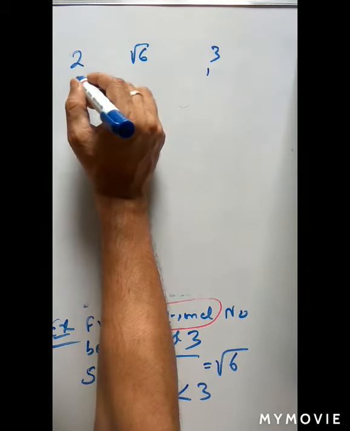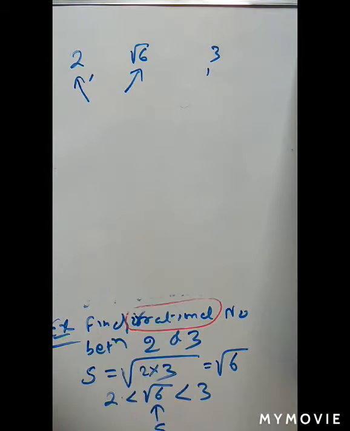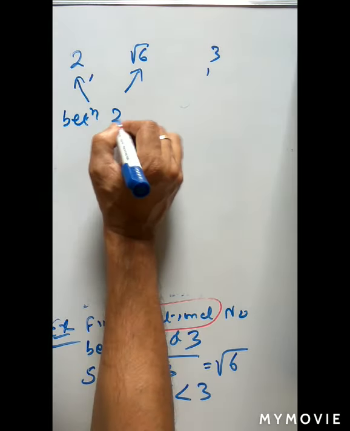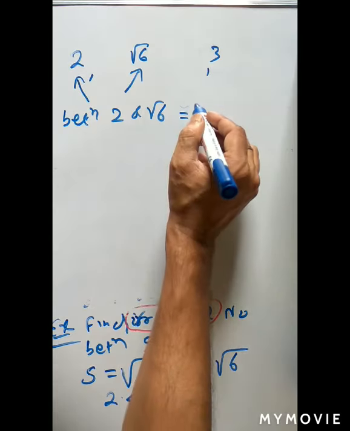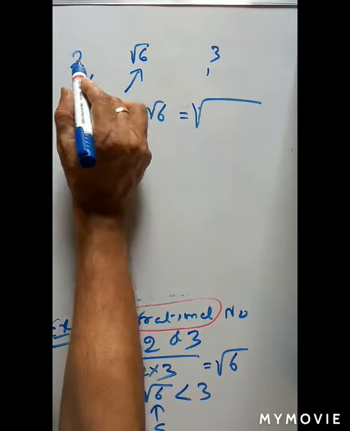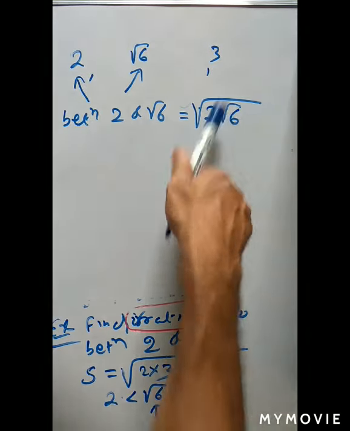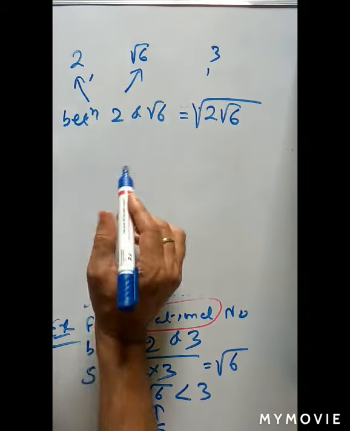Now how can I find the irrational number between 2 and root 6? In that case we will find between 2 and root 6 another irrational number: take the square root of the product of these two terms, that is 2 into root 6. Whatever value comes here is the irrational number between 2 and root 6.